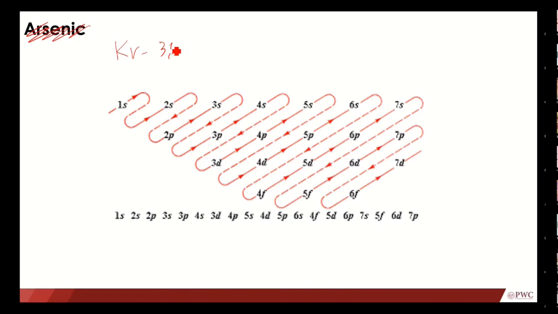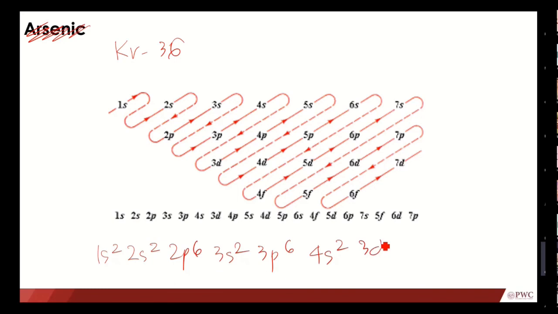Okay, let's do the electron configuration first. What's the electron configuration for krypton? 1s2, 2s2, 2p6. What's next? 3s2. What's next? 3p6. What's next?